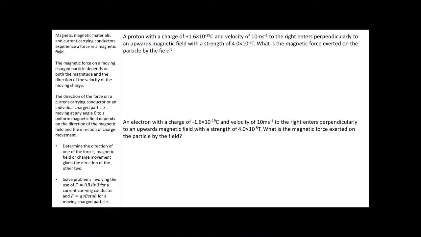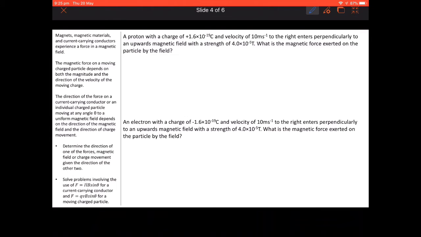To work this out, we use our rule, which is magnetic force is equal to the charge multiplied by the velocity of the particle multiplied by the magnetic field strength and then by the sine of the angle.